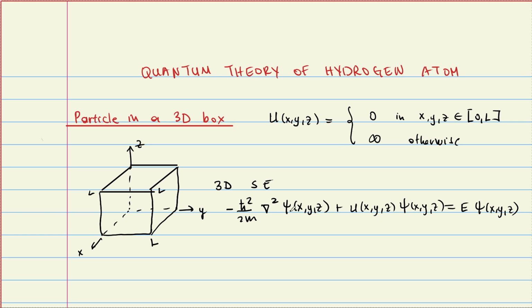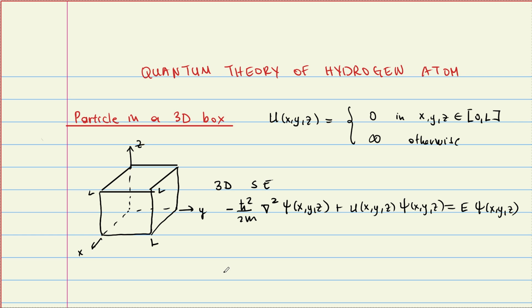And what is Nabla squared in 3D? First we have to make a decision: what kind of coordinate system can we use for this problem? In 1D there's only one coordinate system. In more than 1D we have options: cylindrical coordinates, spherical coordinates, hyperbolic coordinates. As a matter of fact, there are infinitely many ways to describe a coordinate system.